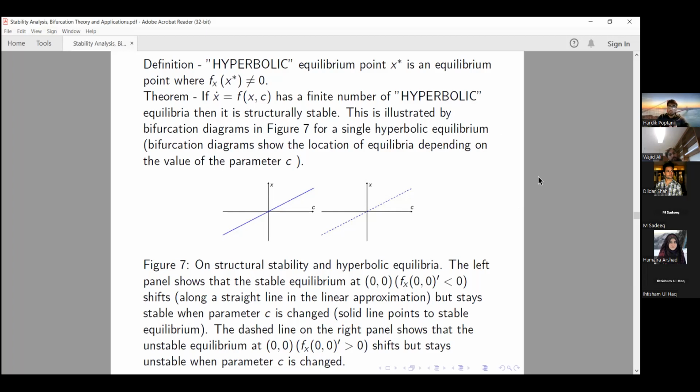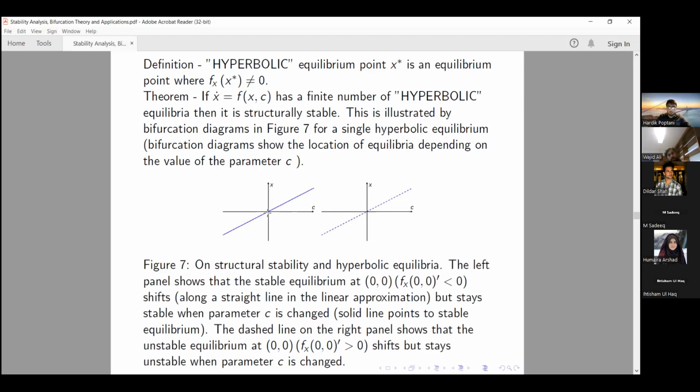So what bifurcation diagrams actually do is they show the location of equilibria depending upon the c parameter. So this panel here shows the equilibrium point at 0, 0, where we know that the derivative is greater than 0 because it's positive.